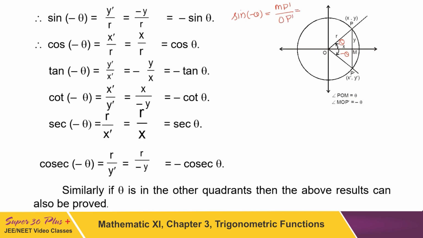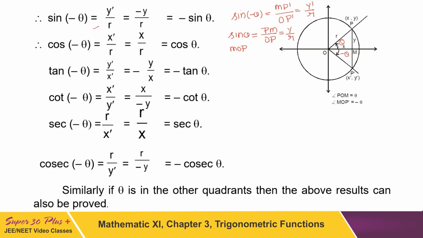It is equal to Y dash upon R. And sine theta in the triangle MOP is equal to PM upon OP. What is the value of PM? PM is Y and OP is R.